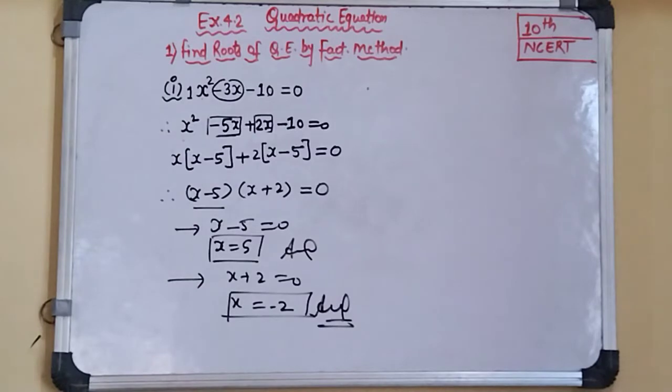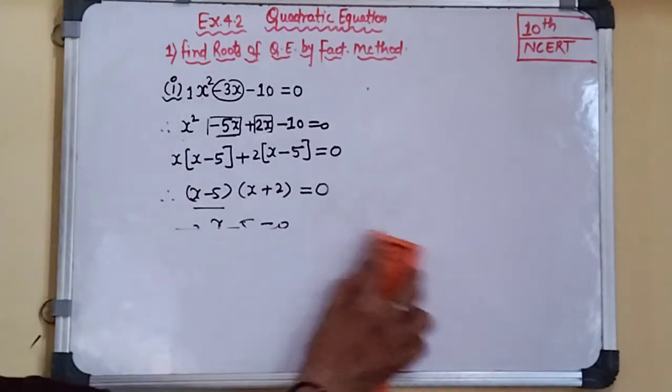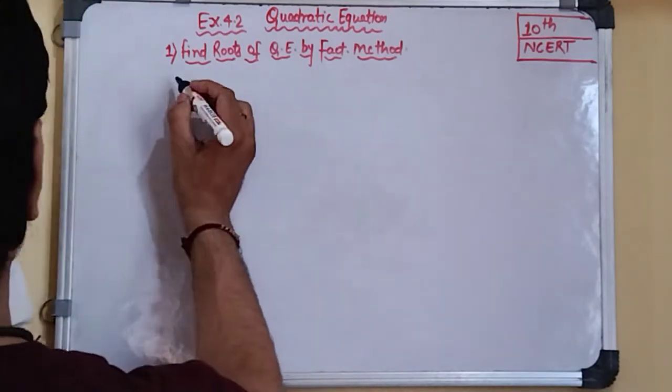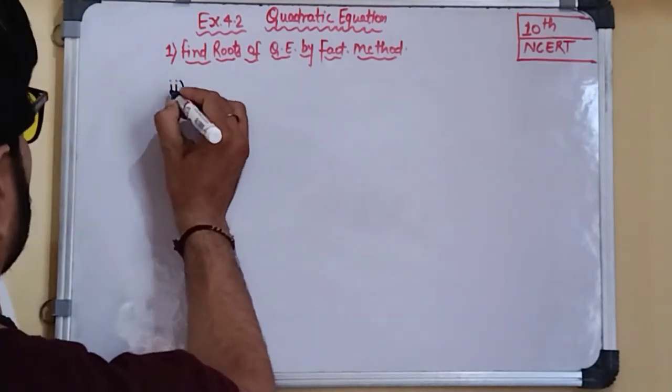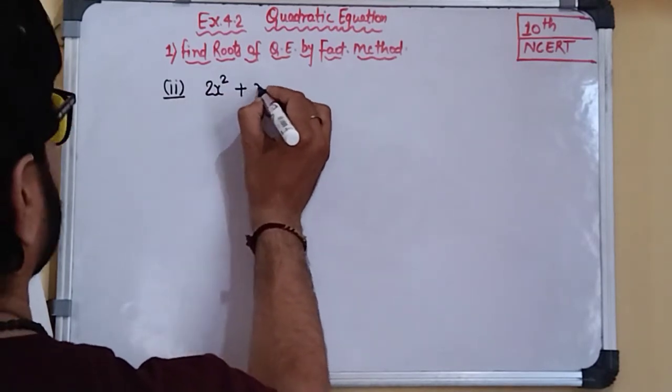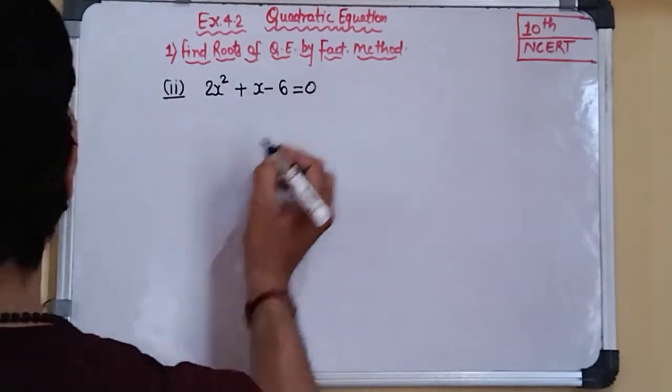Now the second sum is 2x square plus x minus 6.